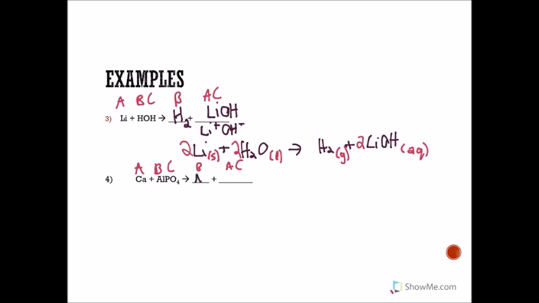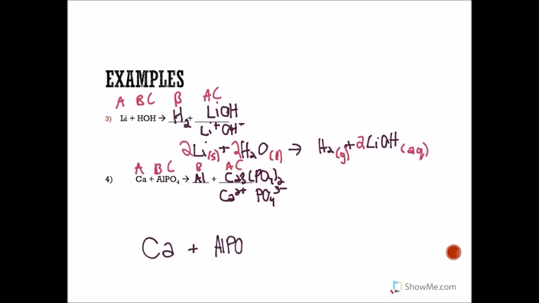B is aluminum by itself, and calcium 2 plus pairs with phosphate PO4 3 minus. If we swap and drop those charges, we get Ca3 and then in brackets (PO4)2. And since I did such a terrible job of writing in the first place, let me rewrite it again.